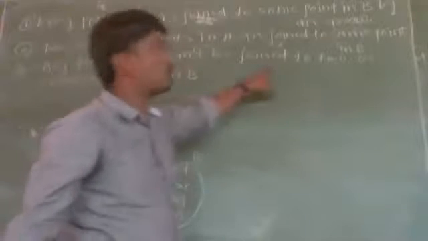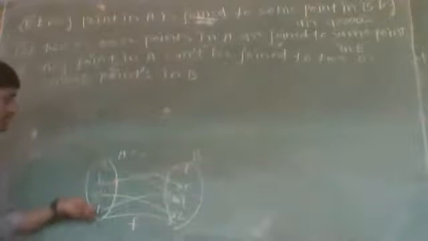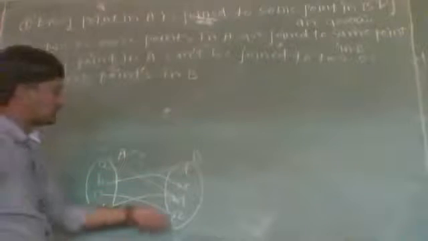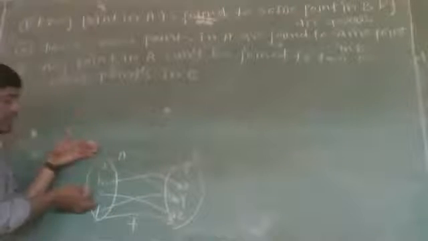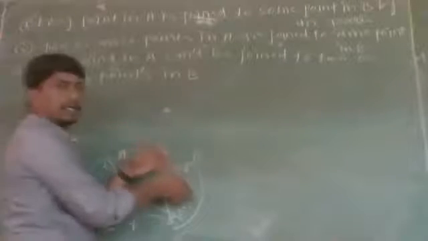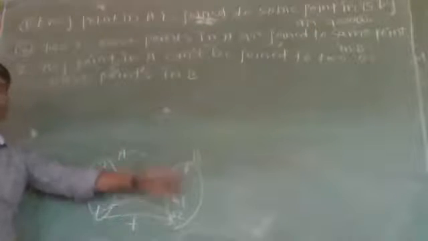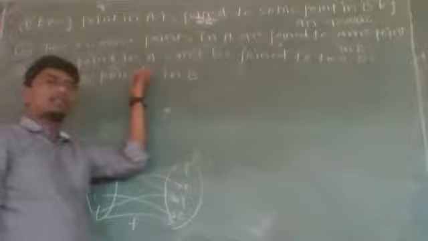If we take any single point in set A, then this point cannot be joined to two or more points in set B. Here, element a is joined to y only. Similarly, b, c, d are joined to x, z and y only. That is, any point in A is joined to only one element in B. Since if any element in A were joined to two or more points in B, it would be a contradiction to our assumption.